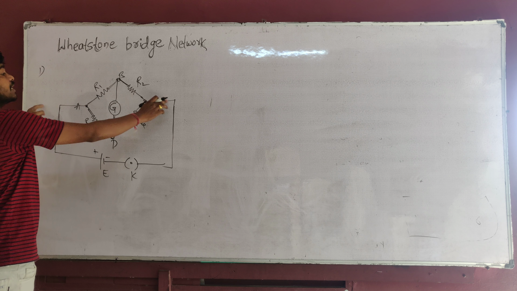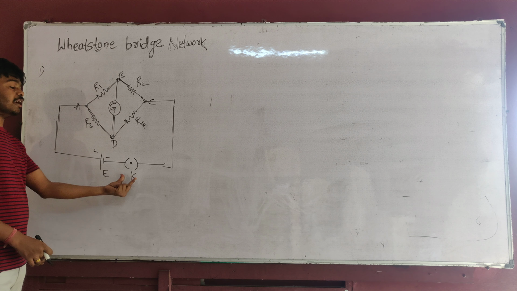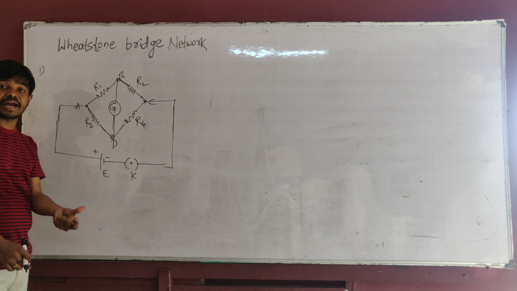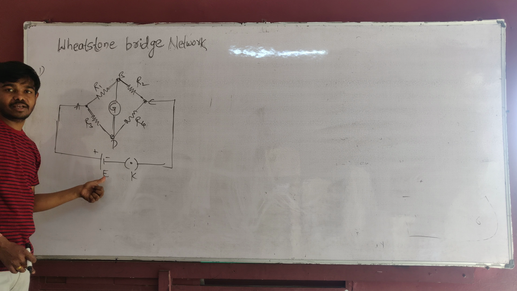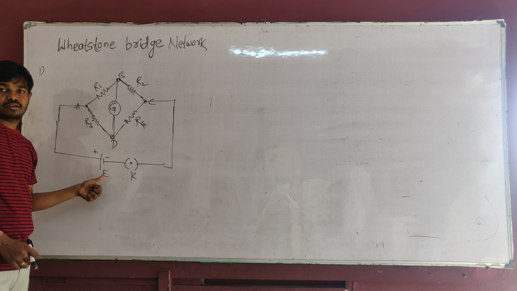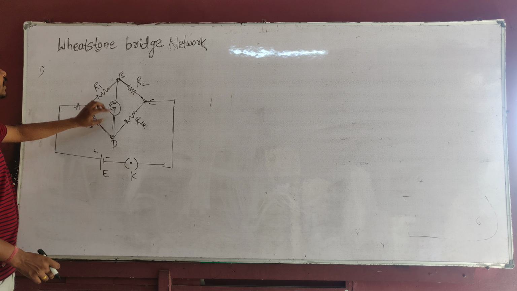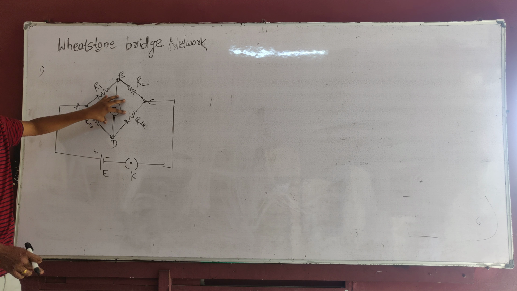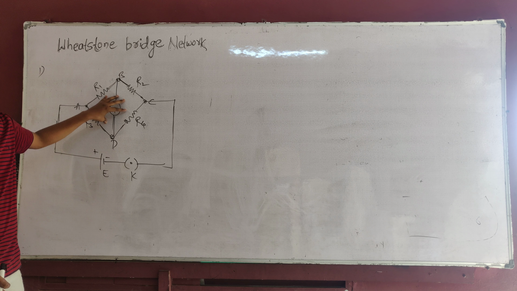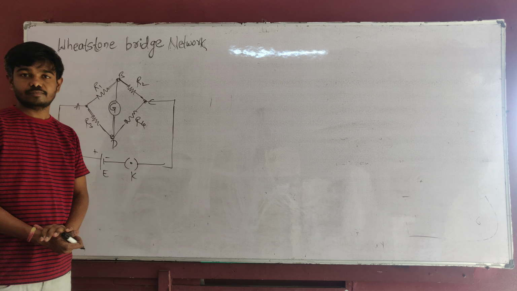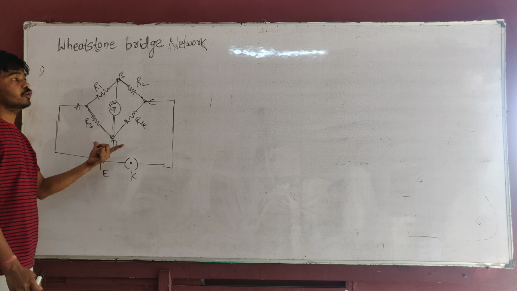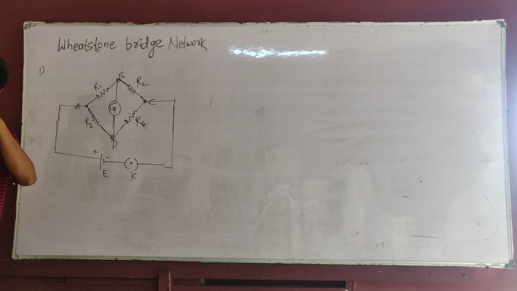Between these 2 points A and C, there will be EMF of a same E and plug key K connected such that A having the higher potential and C having the lower potential. Between the point B and D, there will be galvanometer G connected, whose resistance is capital G. So this is called as Whiston network. This is a diagram. Now you have to discuss about the working.